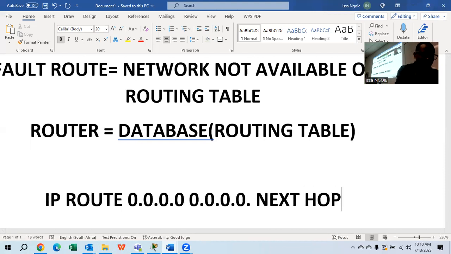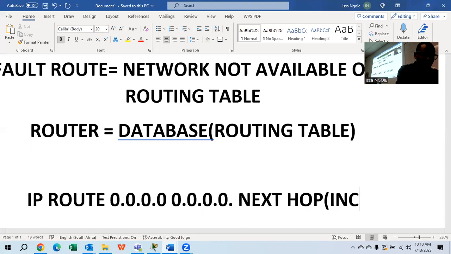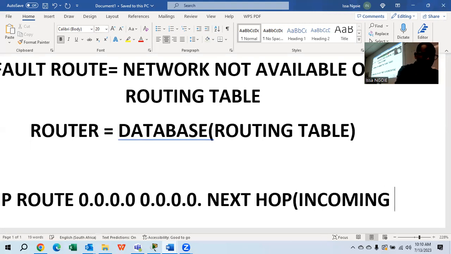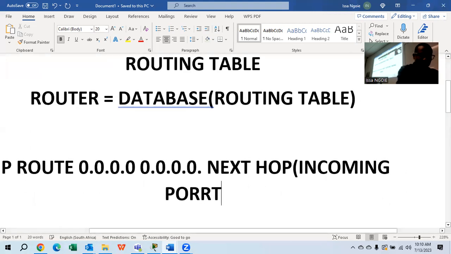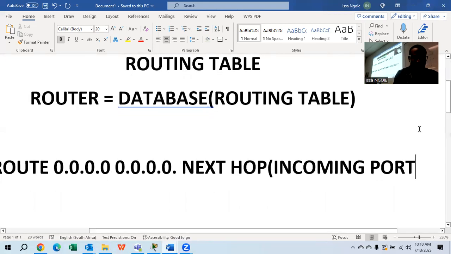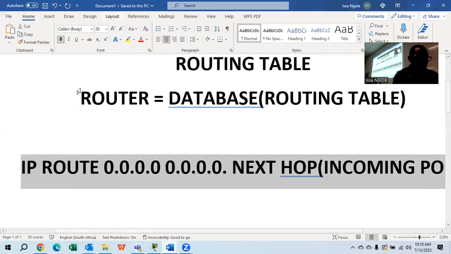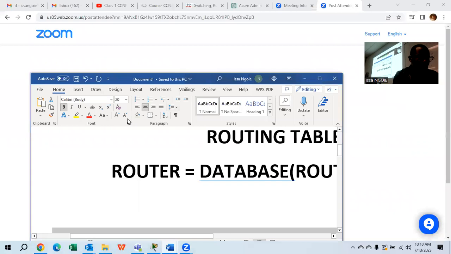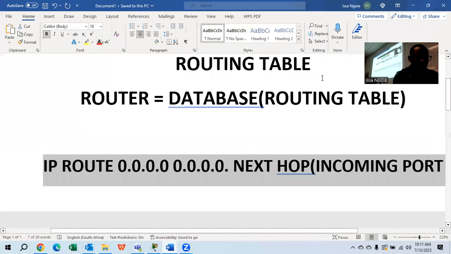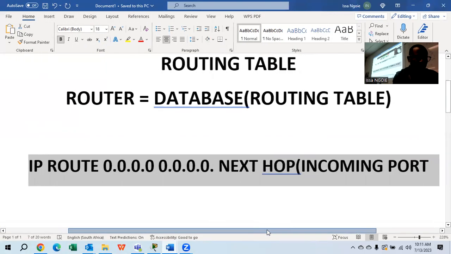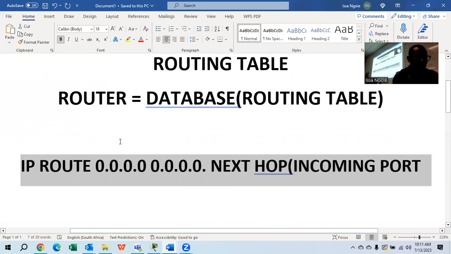Next hop, we call it again what? The incoming port. This is the command.